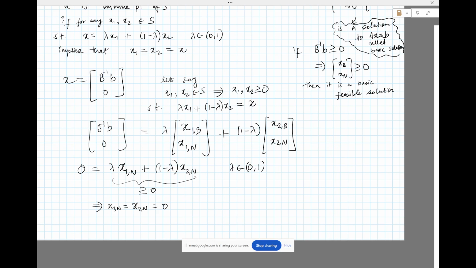So now what we need to show is this part. We know that x1 is in S, so that implies this (x1b, 0) is also in S, right?